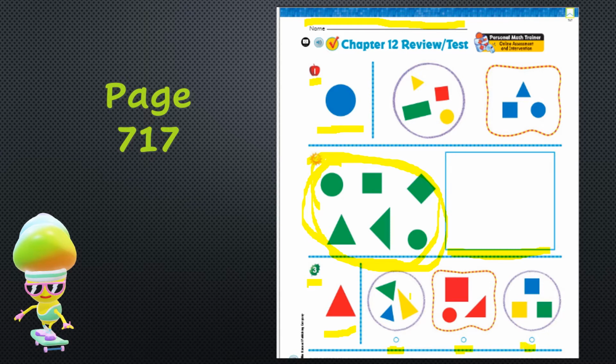And if it can belong in this group, mark in that bubble. Mark under all the categories that this shape can belong to. Once you're done with that, flip to the back of this page, and we'll get ready with number 4.